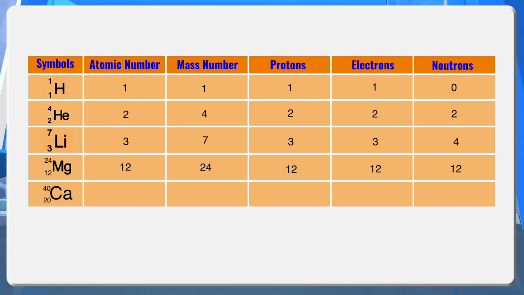What is the atomic number of calcium? 20. Mass number 40. So, the number of protons is equal to the number of electrons is equal to 20. Then what about the number of neutrons? Yes, 40 minus 20. That is mass number minus atomic number and we get 20. So, calcium has 20 neutrons.